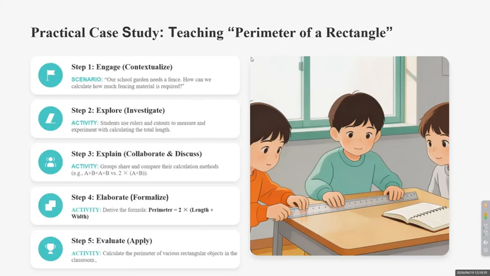This case study demonstrates the power of constructivism. By engaging, exploring, explaining, elaborating, and evaluating, we transform the learning experience from passive memorization into an active journey of discovery and understanding.